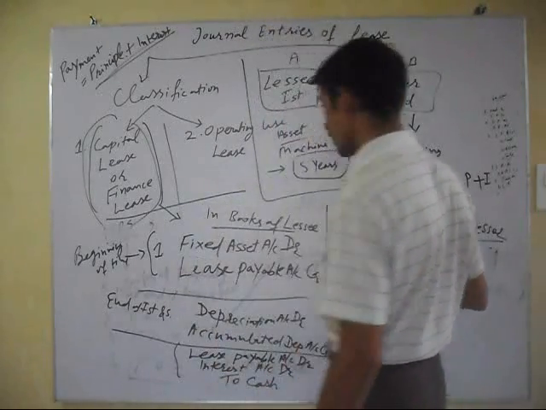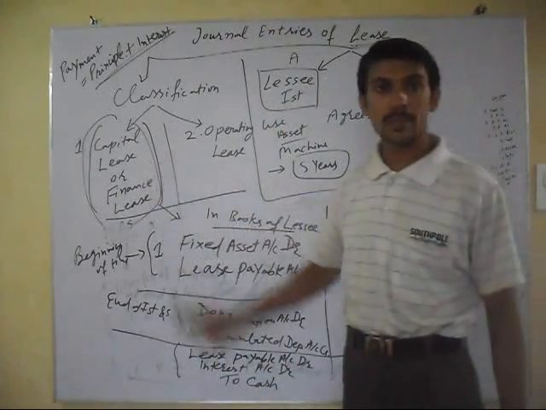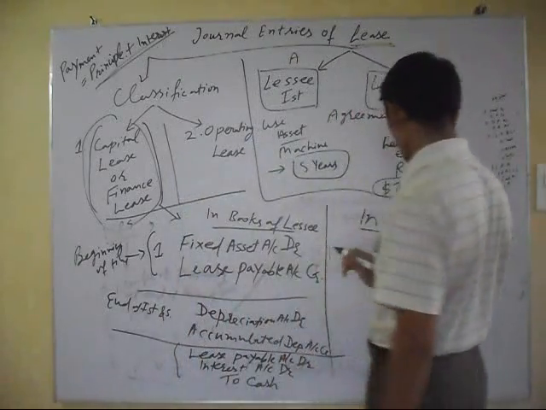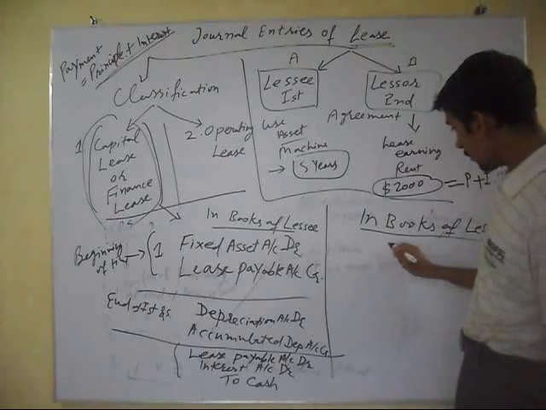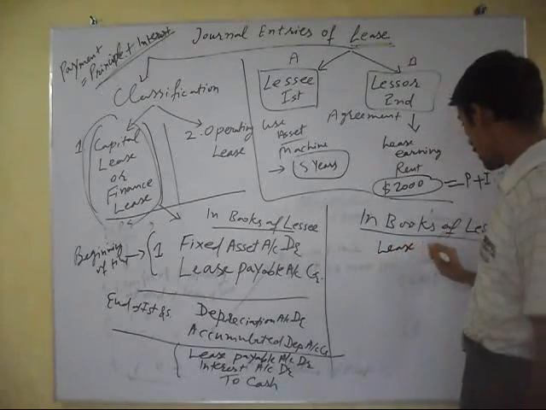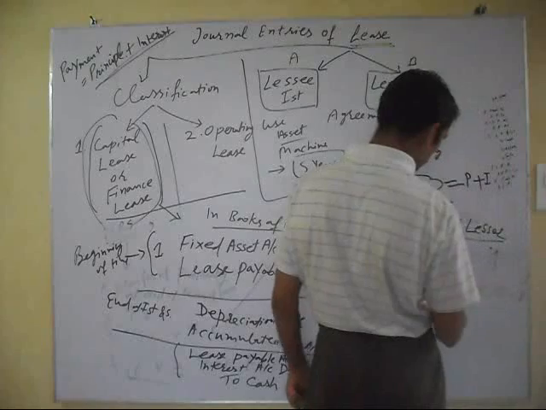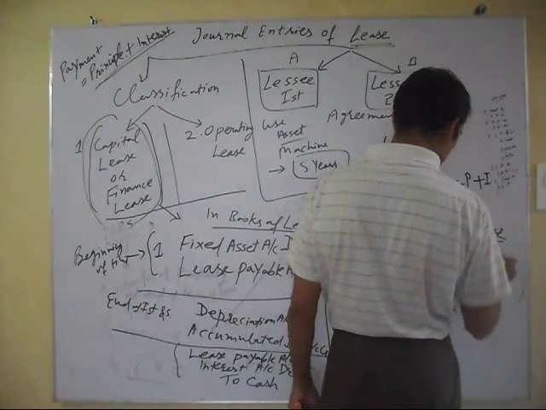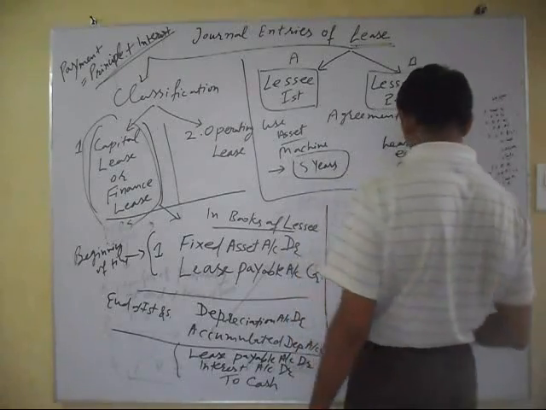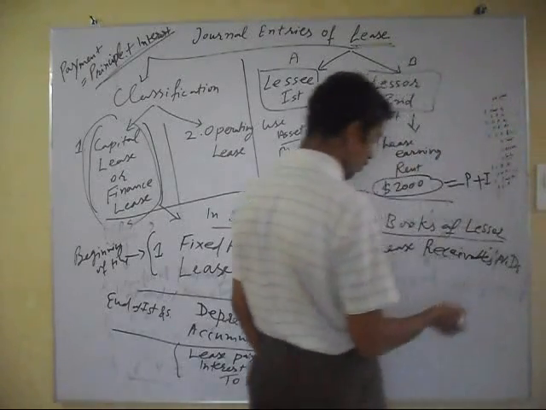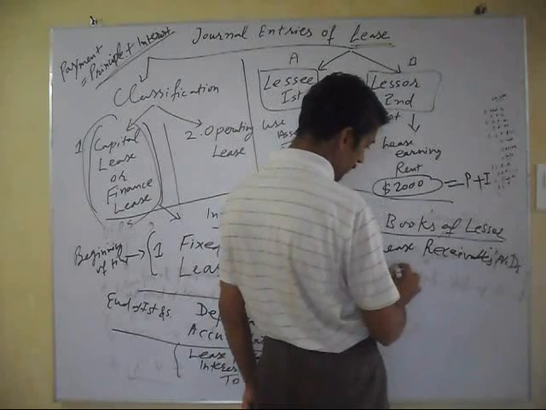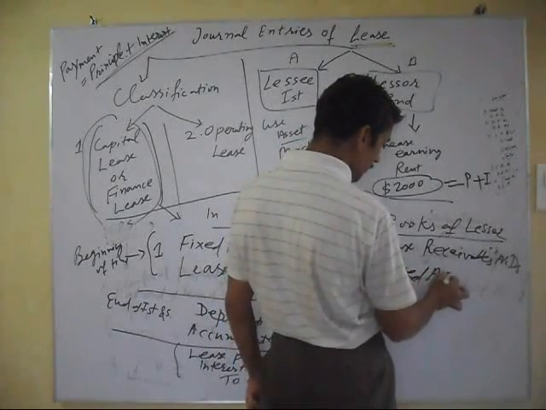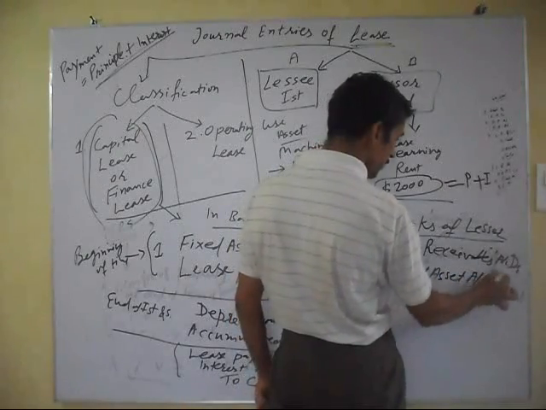Now in the books of lessor, in case of capital lease, he will show lease receivable account debit, and fixed asset account credit.